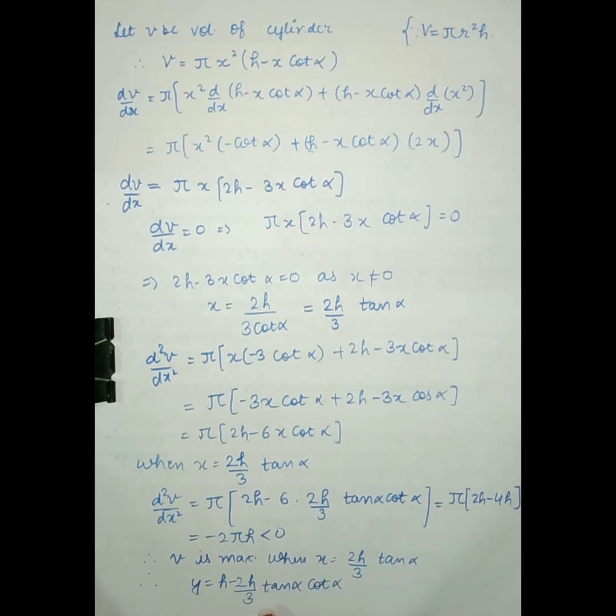Put the value of x in y. Here we put the value of x, and we get h minus 2h upon 3, that means h upon 3. So this is the result.